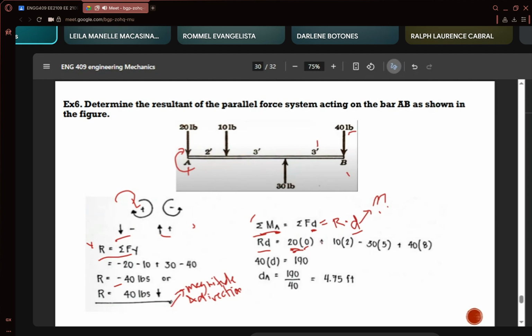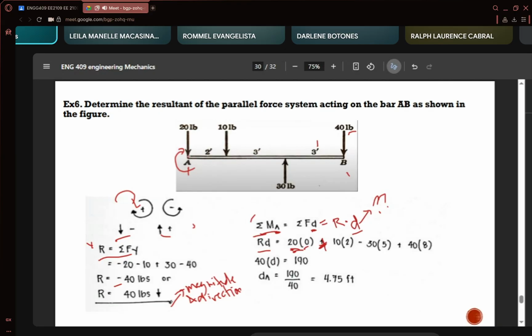Now, it's already written here that it's plus, but how do you know that it should be plus or minus? So again, you will look at our sign convention, and then you will also look at the force and the bar, where it is acting. Now, try to imagine a downward force.